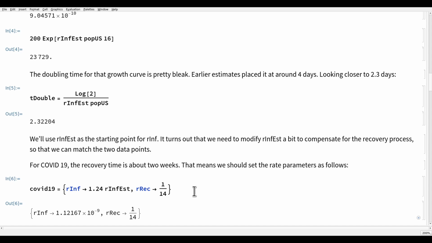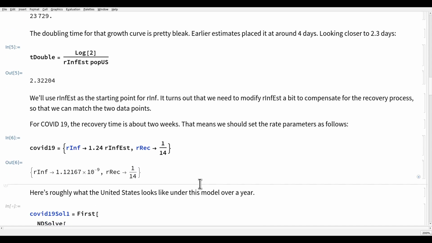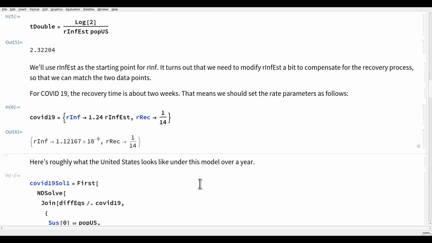So that means that as the epidemic gets going, on any given day, approximately 1/14 of the population will be recovered on that day. There are some more complications with this number, and I'll get to that later. But this at least gives us something that we can calculate with that'll give us something reasonable. Okay.